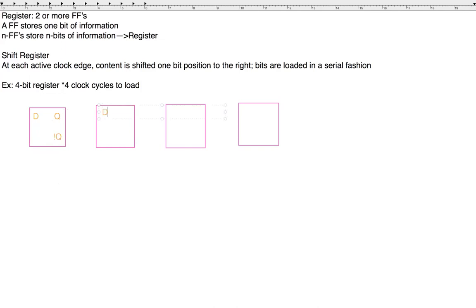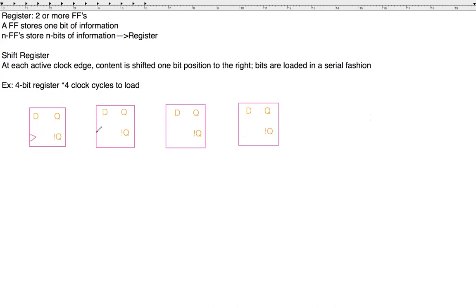Then I'm going to have my D here, same here, Q, then opposite, and my D here, opposite, and then here I'm going to have my D, Q, then opposite.